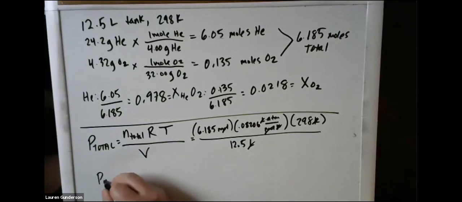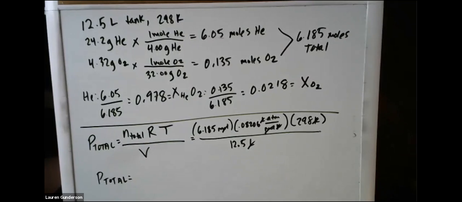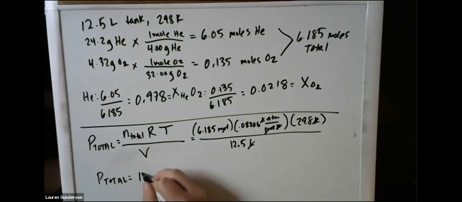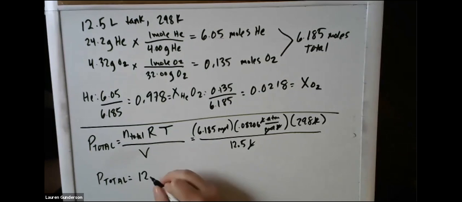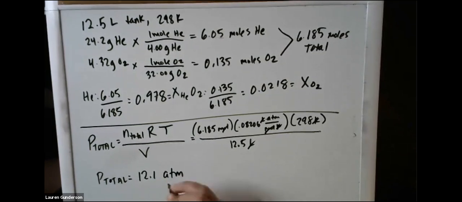So our total pressure will be 6.185 times 0.0206.